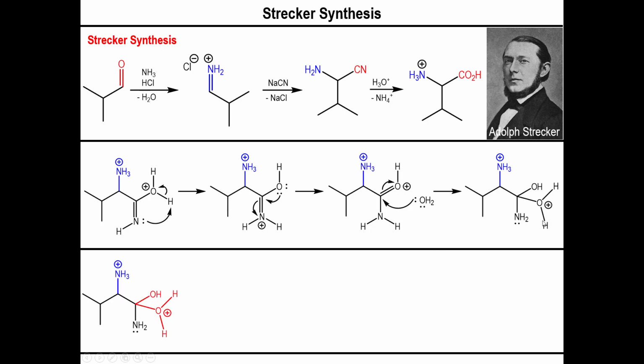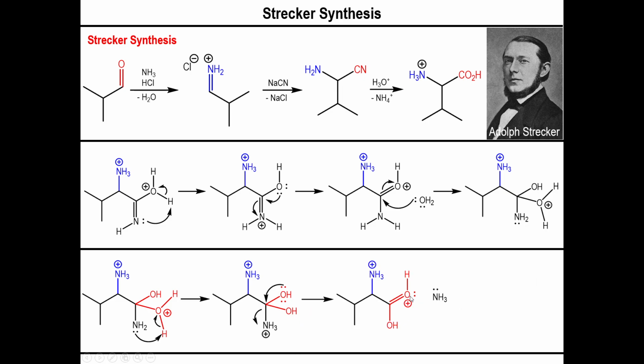So we'll have this extra proton from the water that just came in transfer over to nitrogen. And right at this point, we have formed a good leaving group. So the oxygen lone pairs will come back down, kicking away ammonia, yielding protonated carboxylic acid. And so the ammonia you generated will simply take away that proton, and it will form your final amino acid.